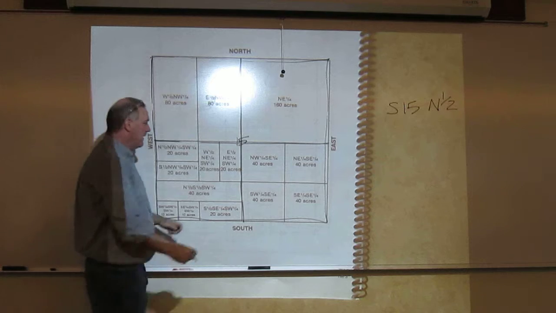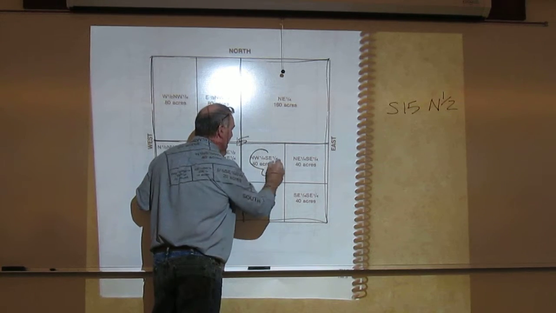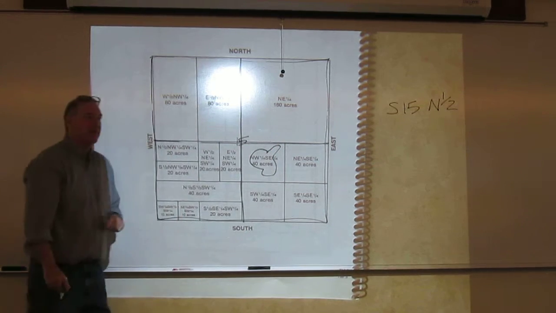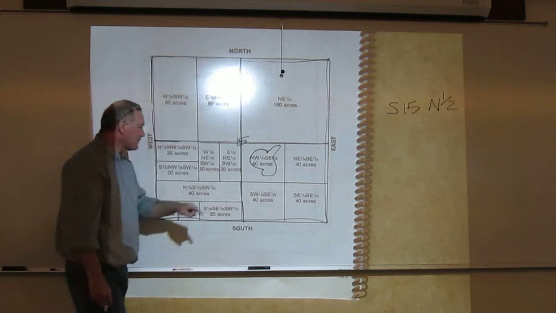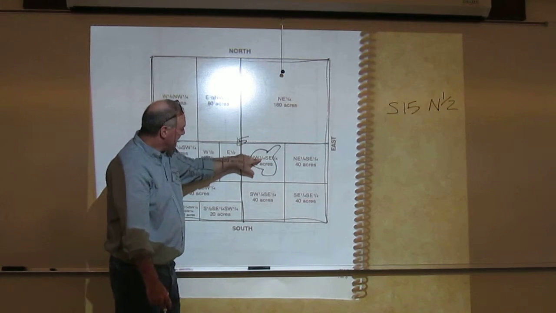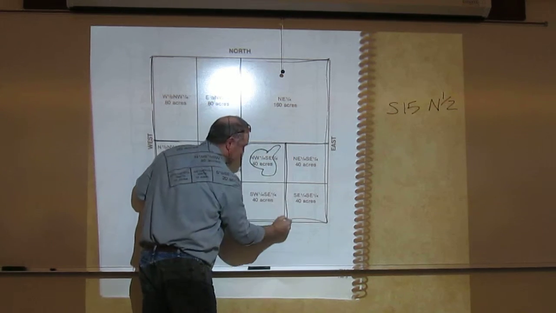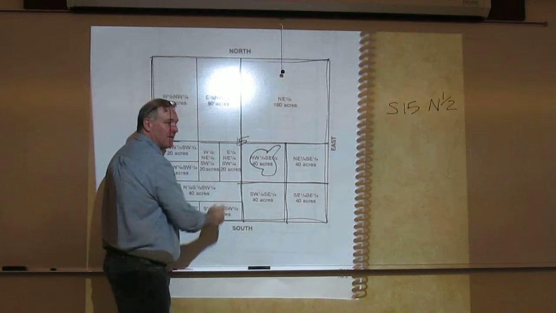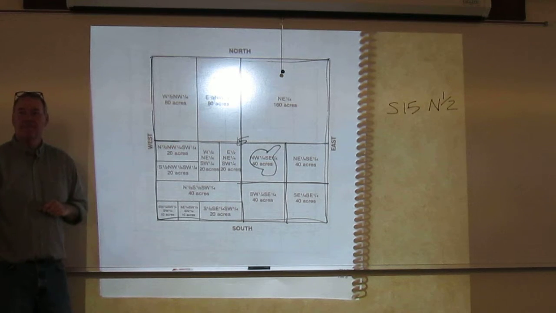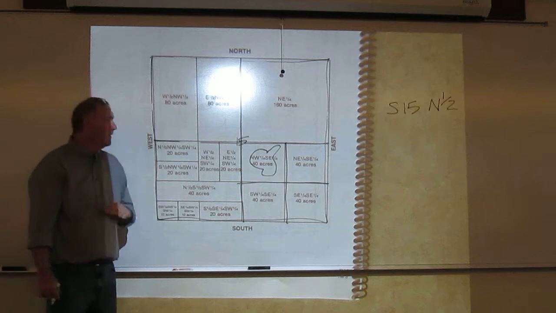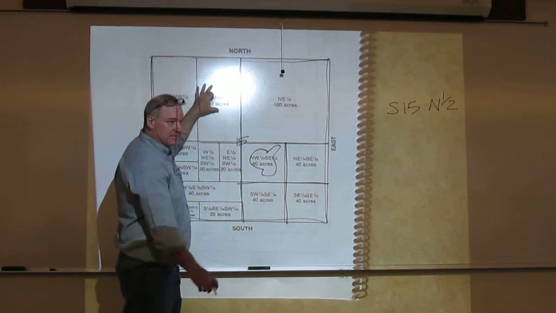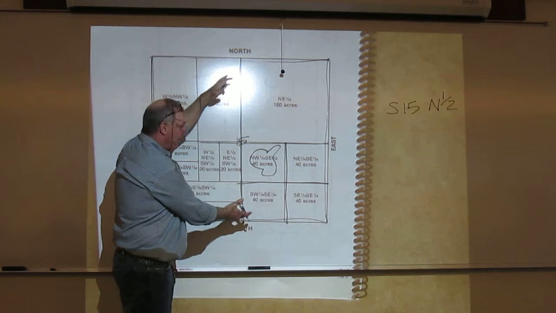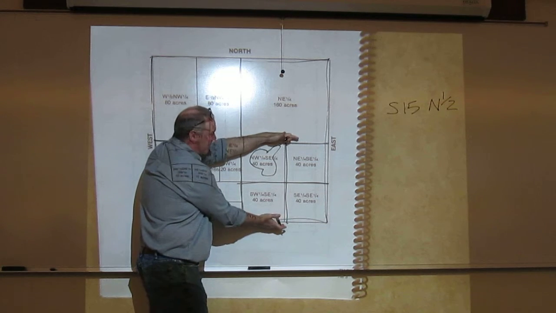Okay. Now let's say we're dealing with a property that sits right here. When we write these, start at the small. Okay, so this piece right here, can I now take this and divide this up into quarters? Like it's shown here? Yes, I can. Okay. So in essence, I've got my original square broken up into quarters. So what quarter is this one right here?